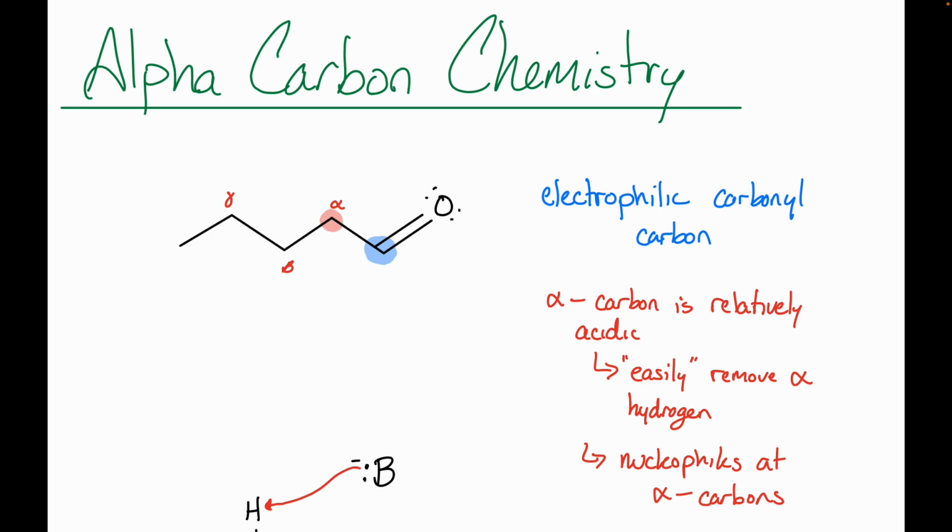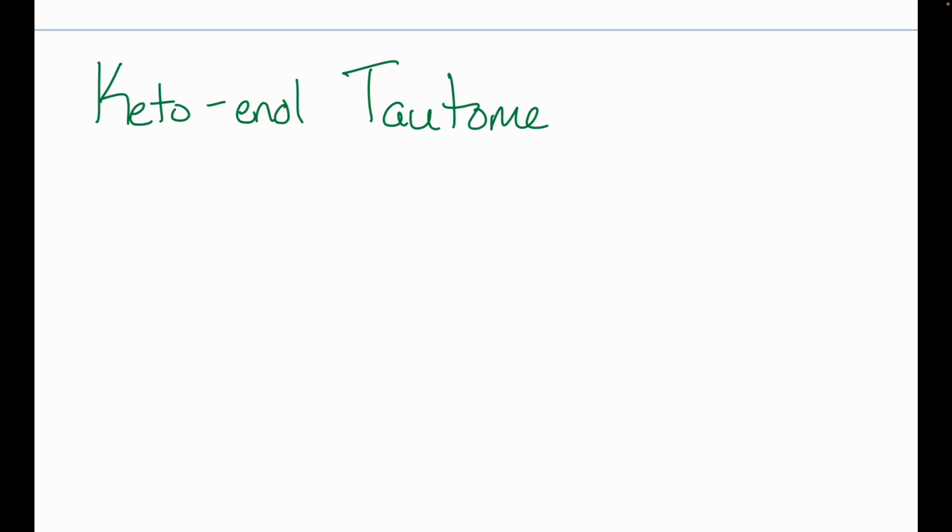Cool. All right, so we're going to rewind back to something that was talked about way back when you were talking about alkyne chemistry, what we call the keto-enol tautomerization.